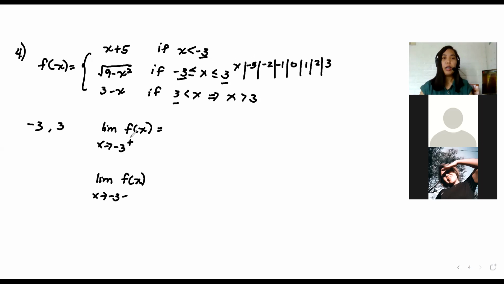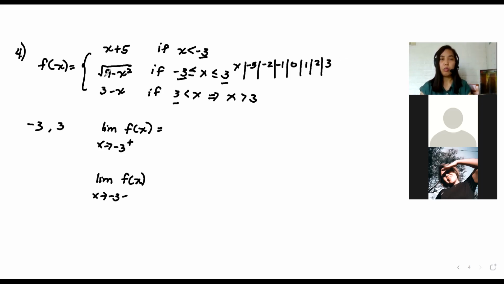So, ano ang function na gagamitin natin if x is approaching -3 from the right? Nasa right ni -3. Yung pangalawa po. This one, right?